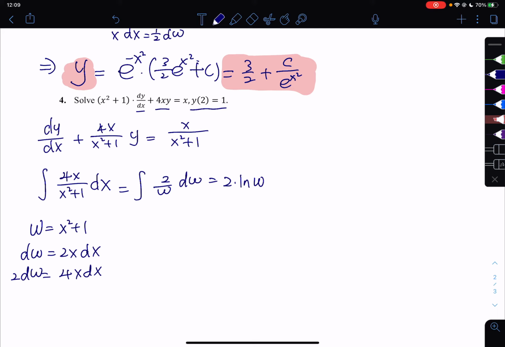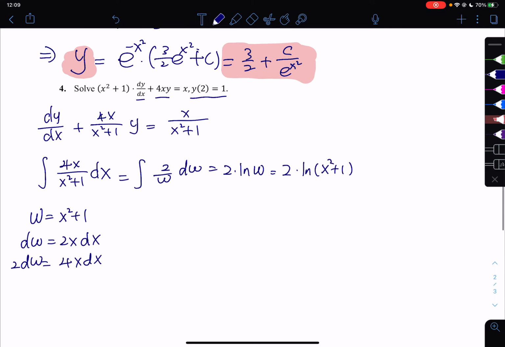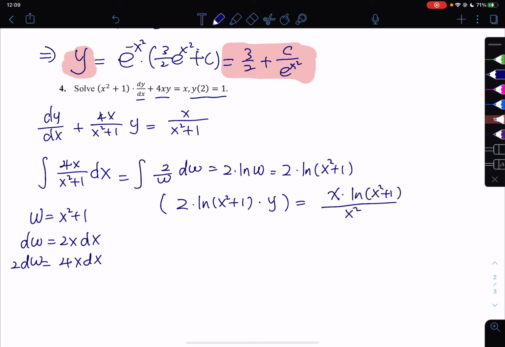So I could have said it's twice ln of x squared plus 1. So my left side of the expression is twice ln of x squared plus 1, and then multiplied by y, which is the same as x times ln of x squared plus 1 divided by x squared plus 1.